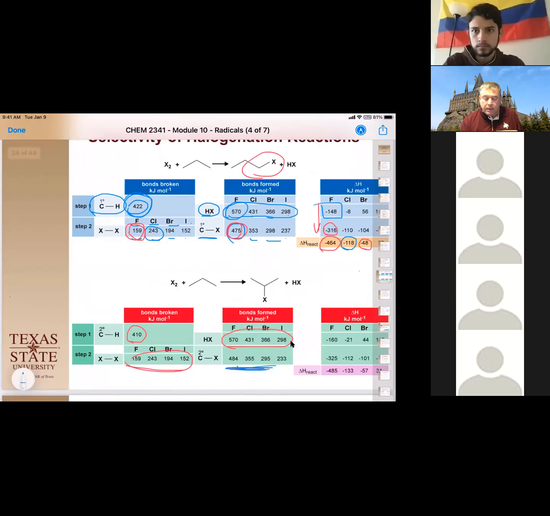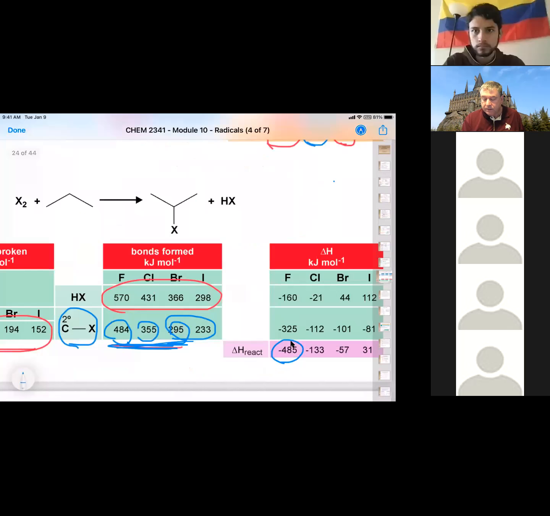Notice that the secondary halide bond has a little higher energy until we get to the bromine and the iodine. The net result of that reaction for all of these forming the secondary is very exothermic, a little exothermic, a little exothermic, and endothermic.